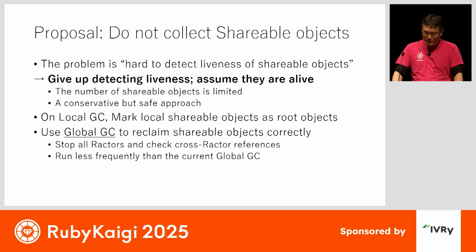Then, to collect the shareable objects when needed, we fall back to the global GC. We already have a global GC, so we can reuse it. It stops all Ractors and checks every reference, as I said, so it is slow, but we can run global GC less frequently than the current one. This is why I propose this. Ractor local GC will be enough, I think.